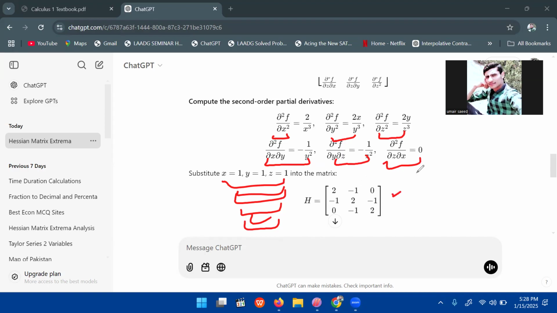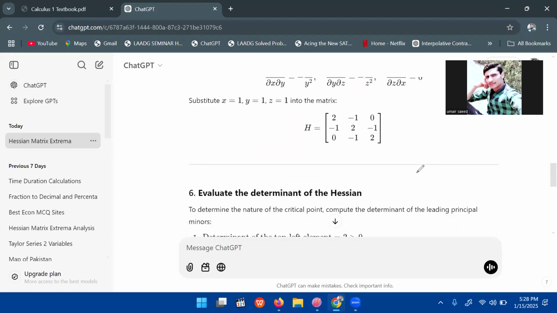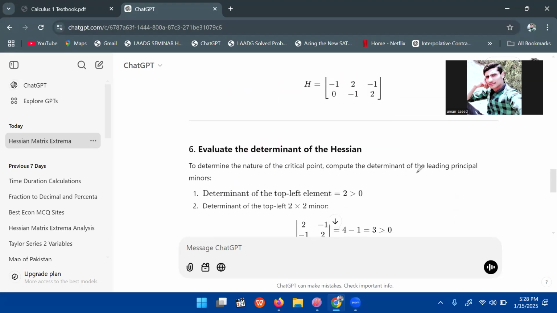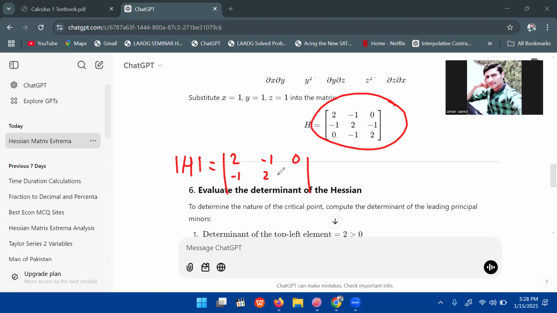You got this matrix. After getting this matrix H, which is known as the Hessian matrix, you have to take its determinant. This is your matrix. You can take its determinant like this. The determinant of H is equal to the matrix 2, minus 1, 0; minus 1, 2, minus 1; 0, minus 1, 2. For its determinant, 2 times: you have to ignore the first row and first column.